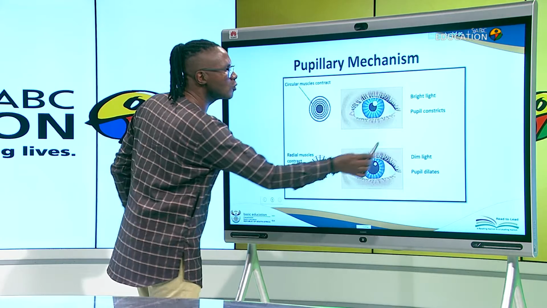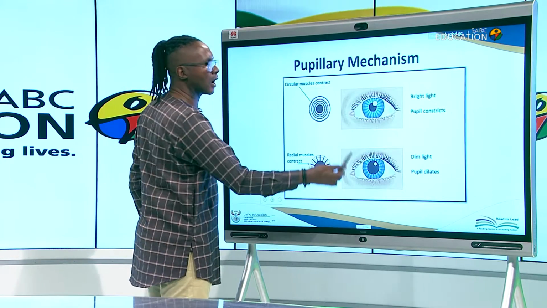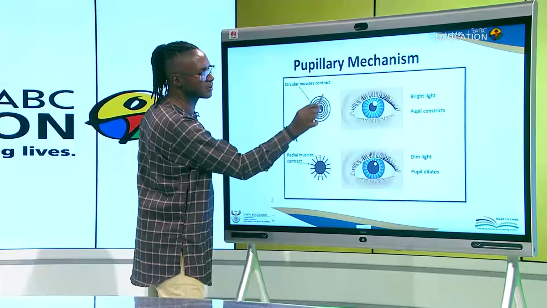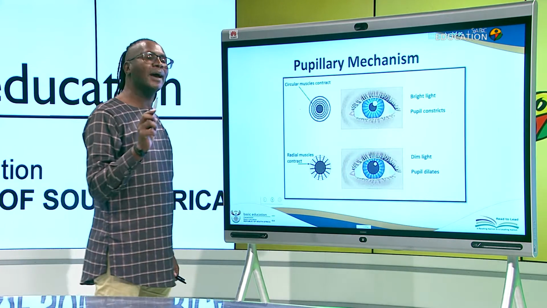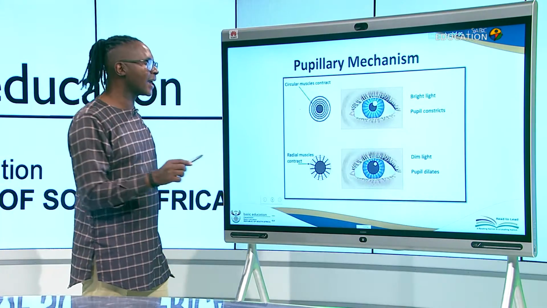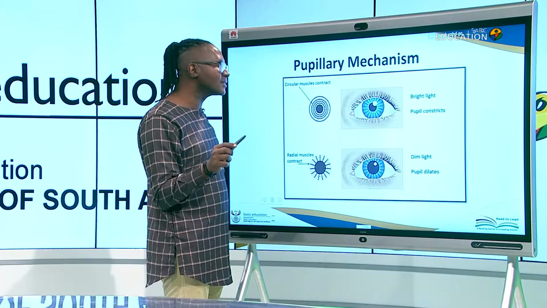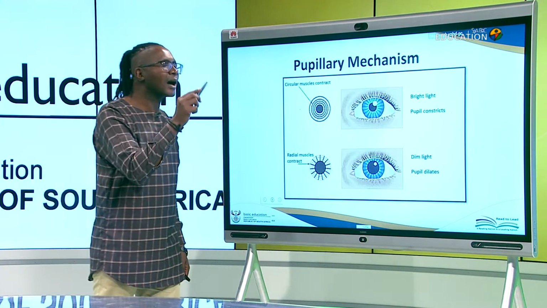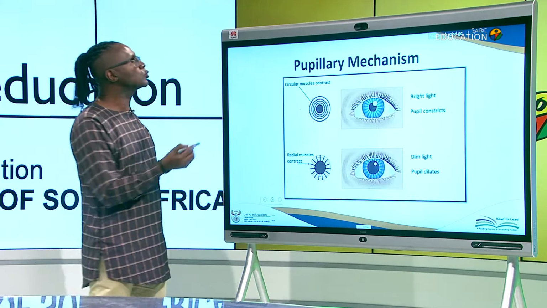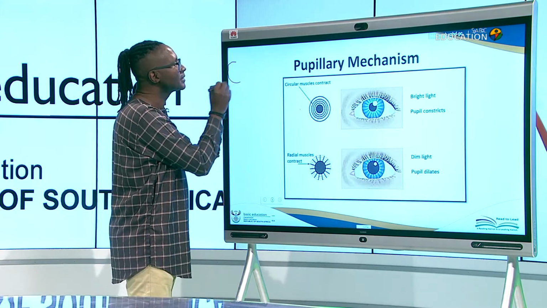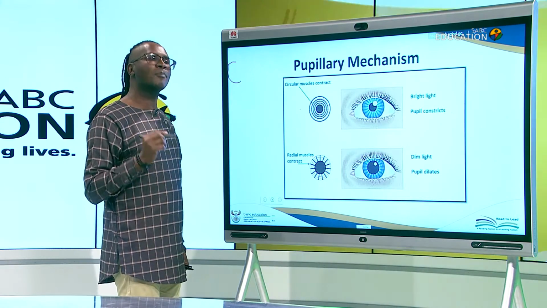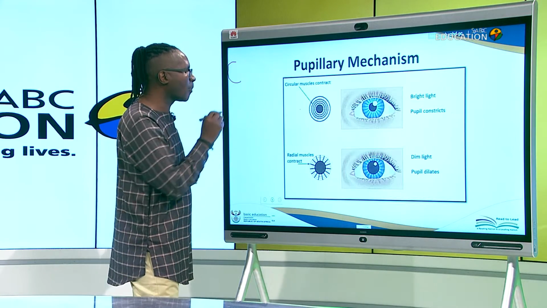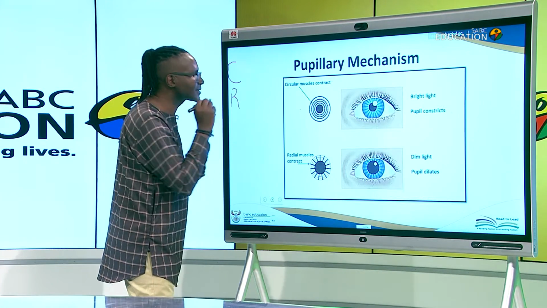So you have to look at this, because this is what you talk about in the pupillary mechanism. And we should remember that the iris has circular muscles and radial muscles. So when you talk about the pupillary mechanism, you're not talking about ciliary muscles, you're talking about circular muscles and radial muscles.